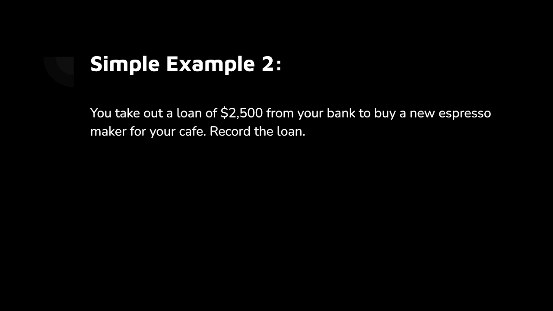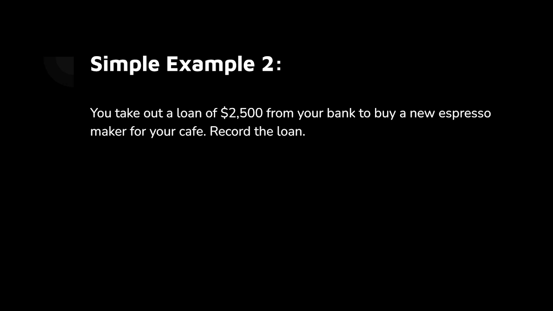So here, you take out a loan of $2,500 from your bank to buy a new espresso machine for your cafe. Record the loan. So here, the two accounts that we would be writing in our journal entry are a loan of $2,500, and you have a new espresso maker, which is equipment.